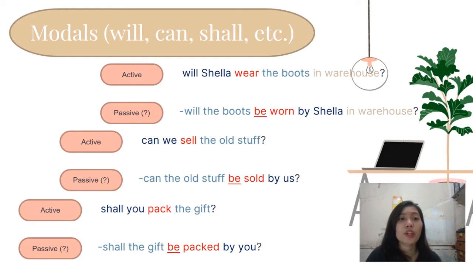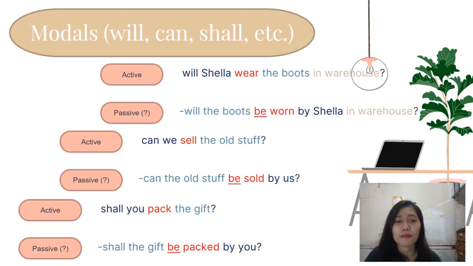The question with modals. For example, will Sheila wear the boots in the warehouse? If we change to passive interrogative, will the boots be worn by Sheila in the warehouse? For example, can we sell the old stock?